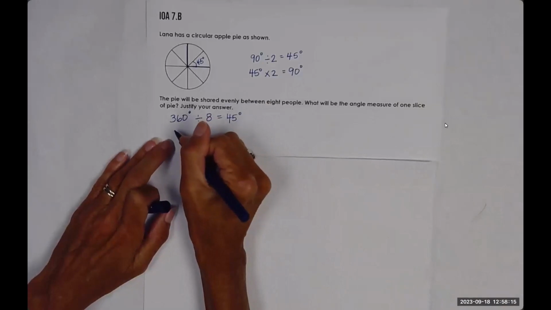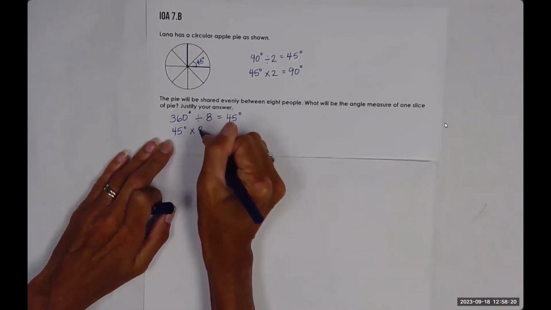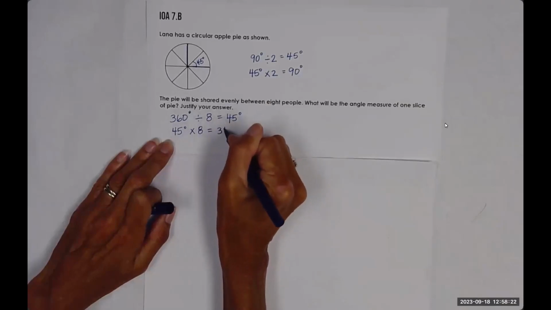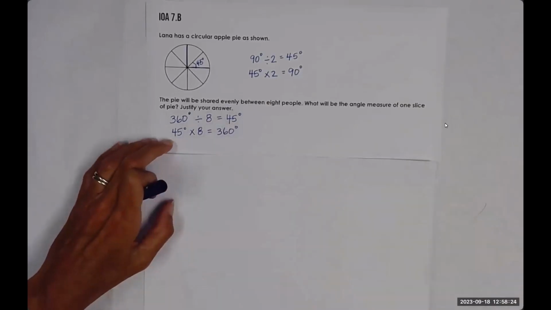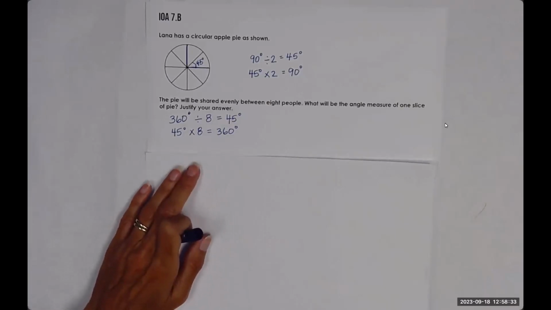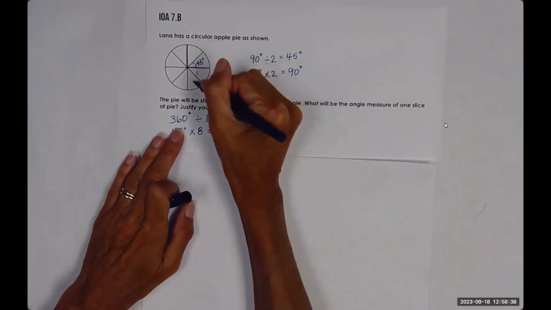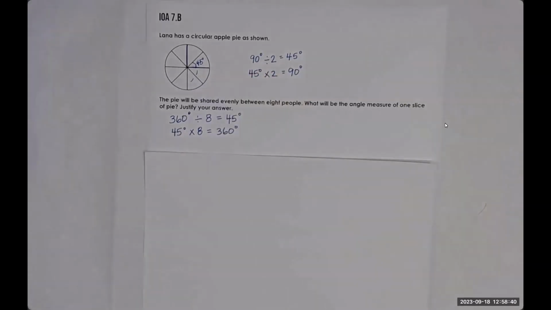So it takes 8 45-degree turns to make a 360-degree circle. Okay. All right. So I also know then if someone ate 3 slices of pie, that would be 45 times 3, or 45 plus 45 plus 45, which is 135 degrees.